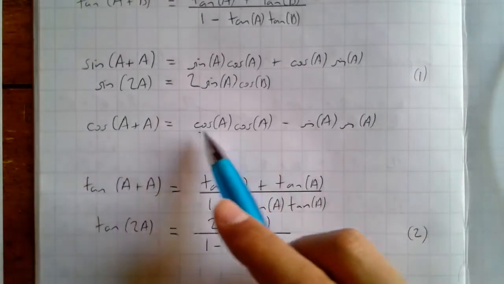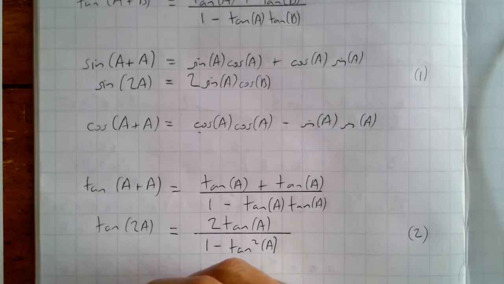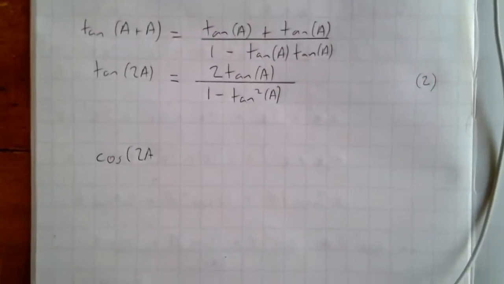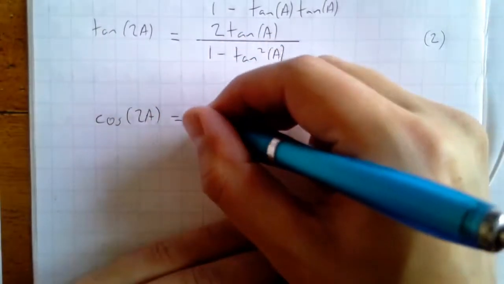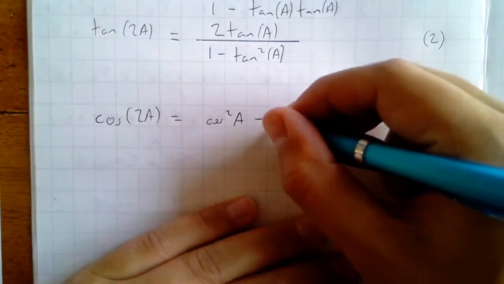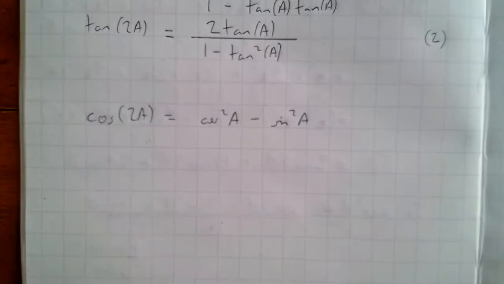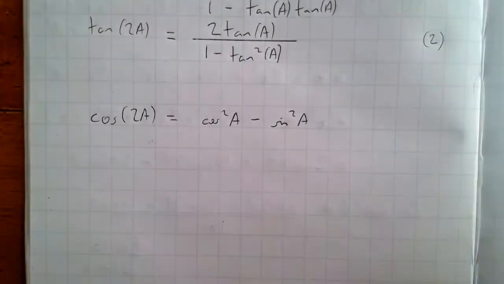Looking at the cos one, we've got a few different options. We get cos of 2A is equal to cos squared A minus sine squared A. That's one of the options.